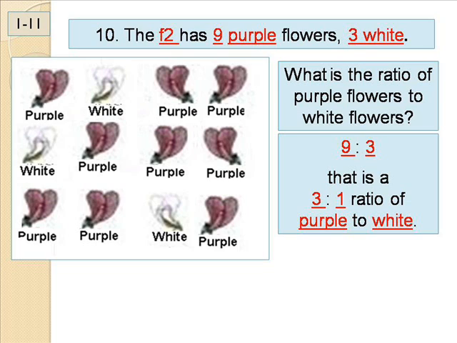I'm not saying 1/3. I'm saying 3 to 1. Divide 1,000 by 4. What do you get? 250. That makes 750 purple. So if you had 1,000 flowers, you'd expect around 750 of them to be purple.